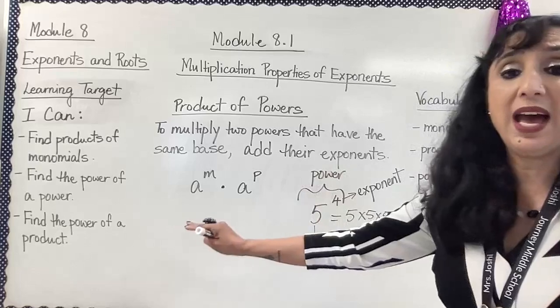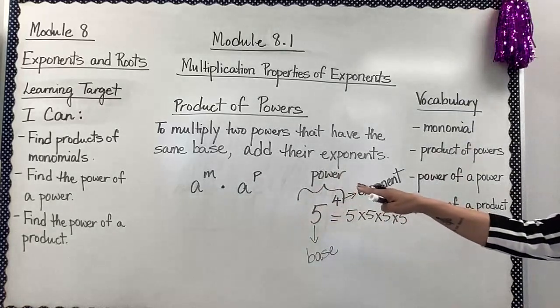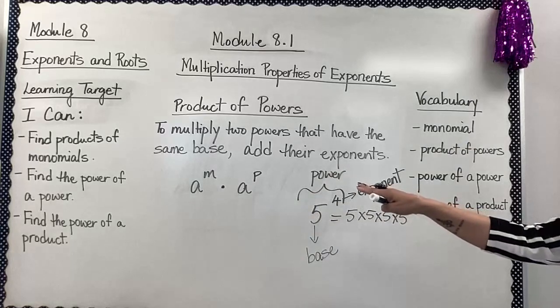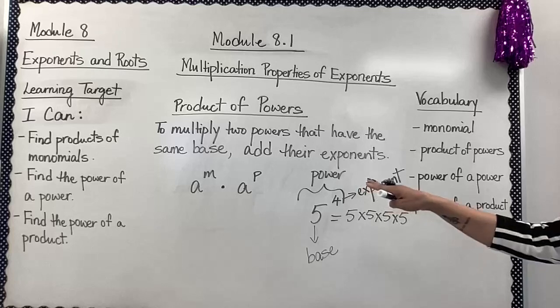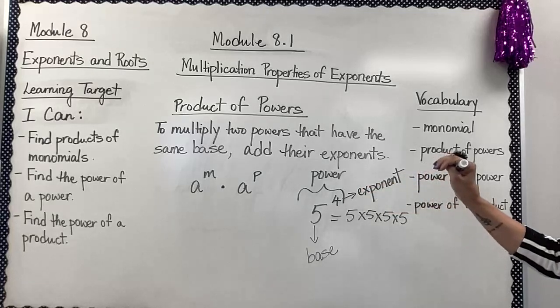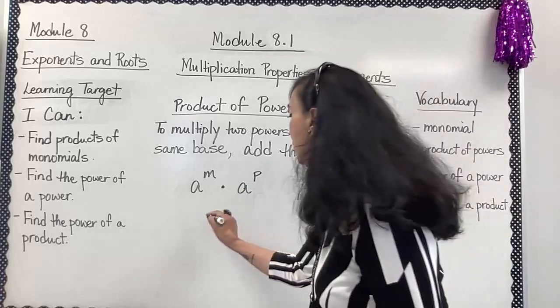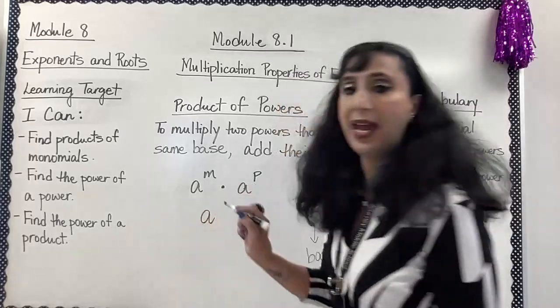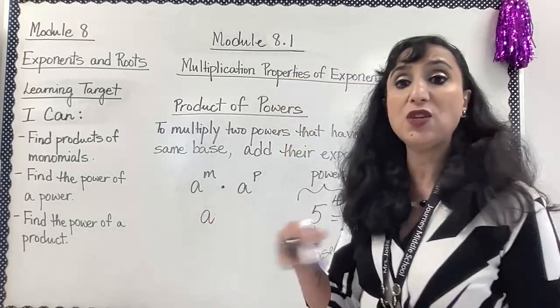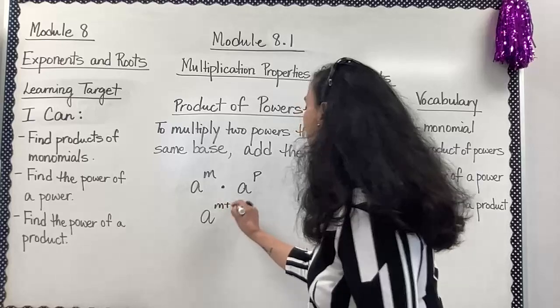For any real number a and any integers m and p, a to the power m times a to the power p, all I'm going to do is take the base, which is a, and add the exponents, m plus p.